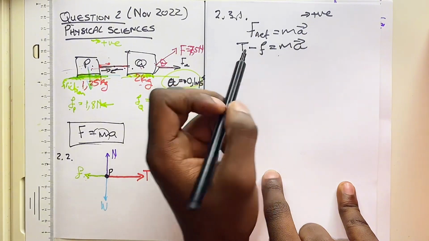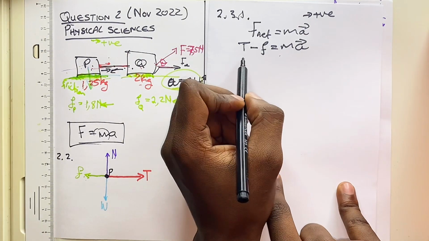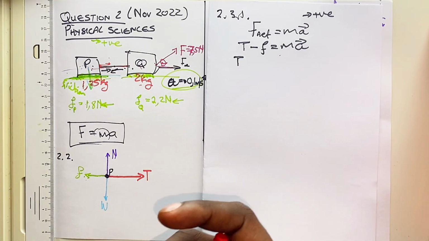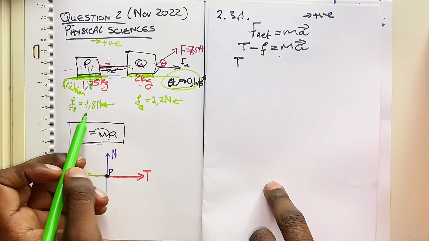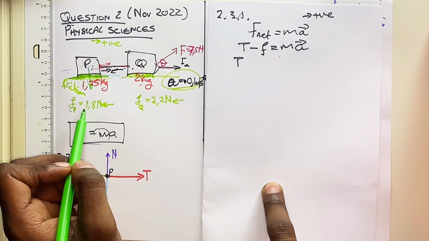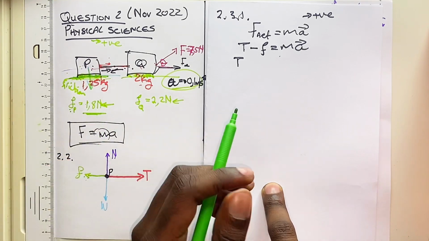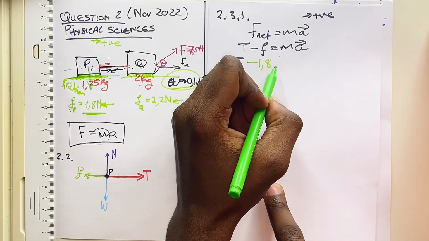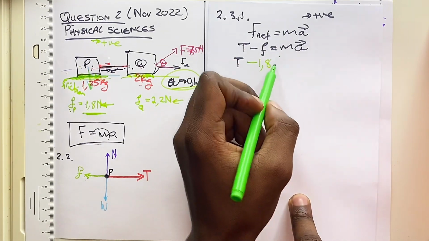Now, do we know the value of tension? We do not, so we still have T. But do we know the value of friction? We do, because they told us that P experiences a constant frictional force of 1.8. So we subtract 1.8 newtons. Remember, it is in newtons.